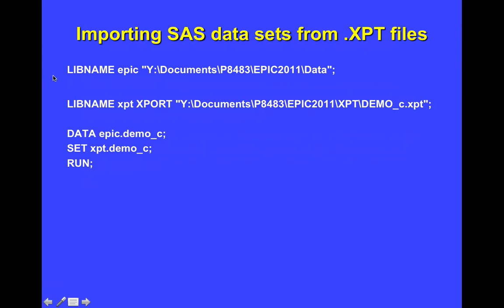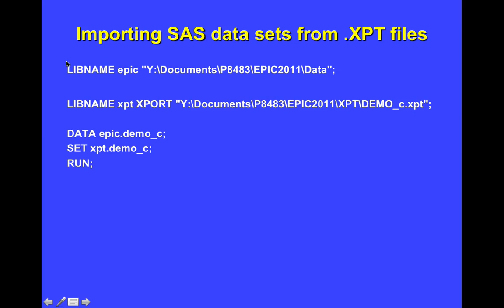And I would say the easiest way to do it is to just use a data step. You could also use proc copy, but I'm going to show an example with a data step. So the first thing you'll need to do is make sure that you have specified a data library, a permanent SAS data library where you want to save this new SAS data set.